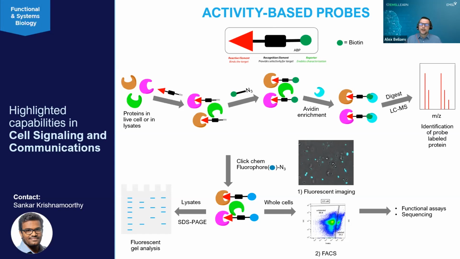For example, as you can see on that slide, LCMS can be used to determine relative abundance and identify probe-labeled proteins, while fluorescent microscopy can allow spatial mapping of probe-bound proteins in whole cells. The ability to attach different fluorescent markers also opens an opportunity to isolate and identify enriched microbial subpopulations using FACS and use that for downstream functional as well as omics measurements.